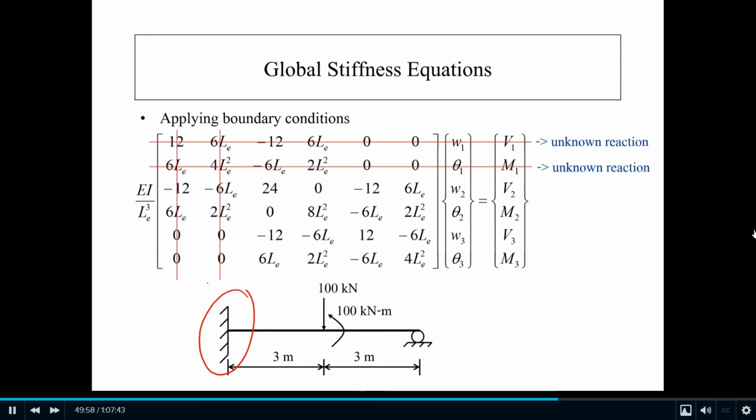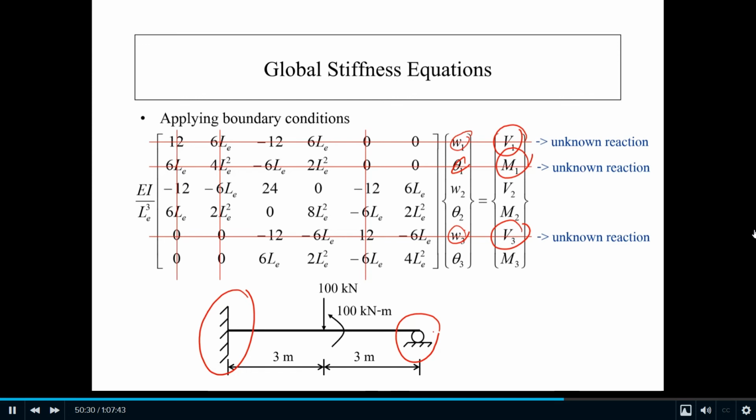So you cross this out. This is the cross reaction here, which for the time being, just eliminate it. And the other one is of course here. Deflection is 0 here. Okay, this and this are 0. And V3 becomes the reaction at this point. So you end up with a 3 by 3 matrix to be solved.